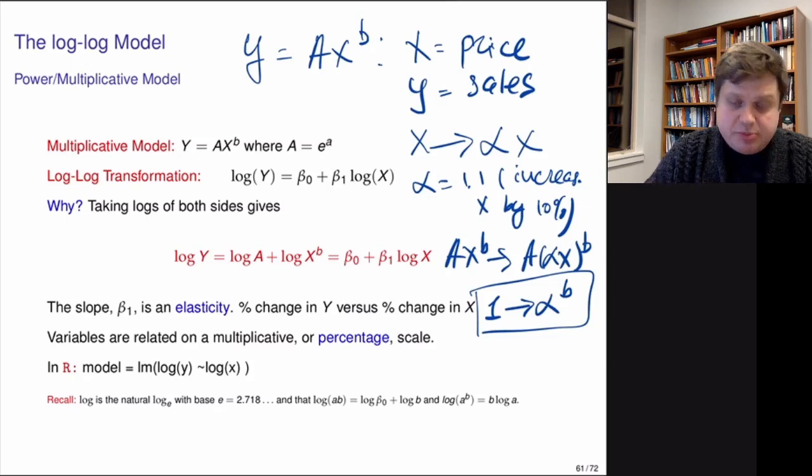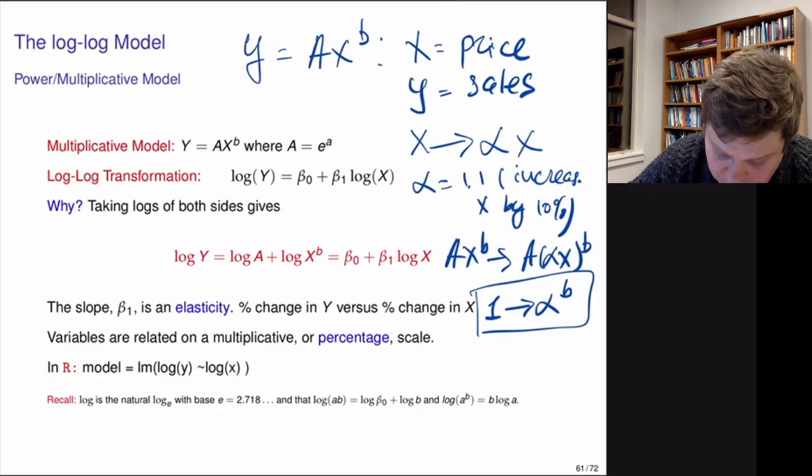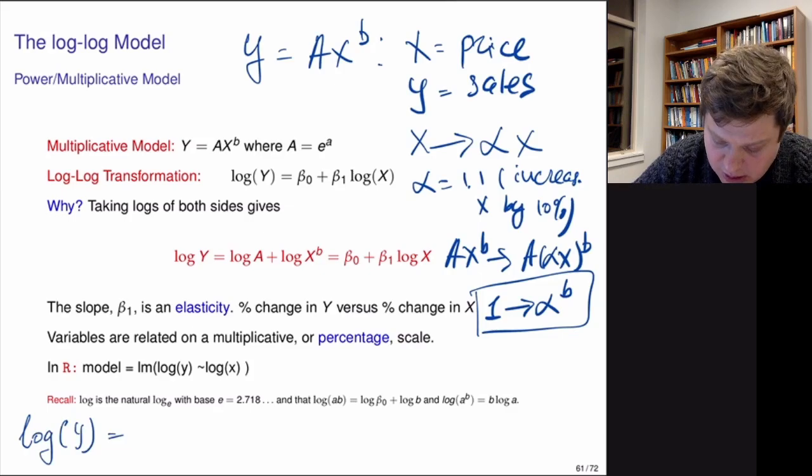So this relationship is not linear, but I can make it linear by applying the log. Let's take the logarithm of this formula. On the left-hand side, I have the logarithm of y, and on the other side I have the log of the product, a x to the power b.